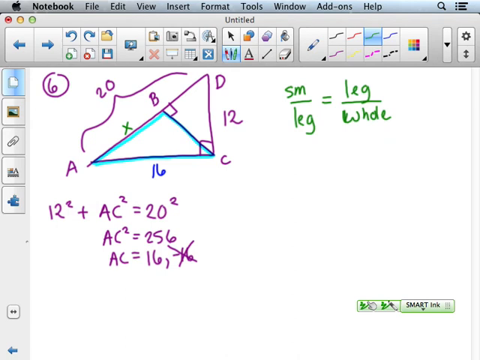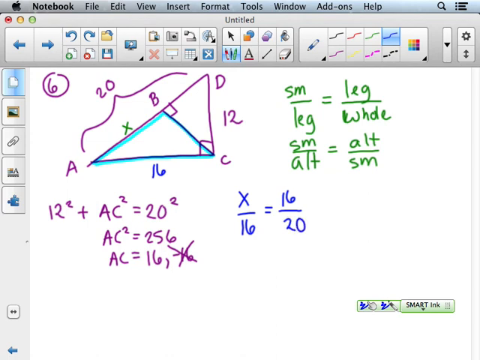And the altitude, if we were going to do an altitude, the altitude is the geometric mean of the small part of the hypotenuse and the other small part of the hypotenuse. So in this case, I'm going to say 16 is my leg. The small part of the hypotenuse that corresponds with it is x, and the whole hypotenuse is 20.